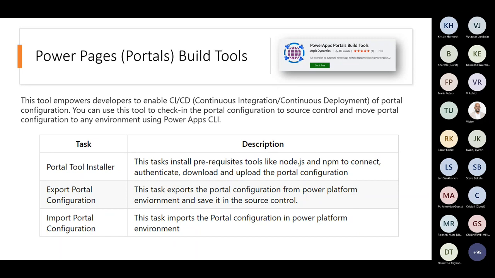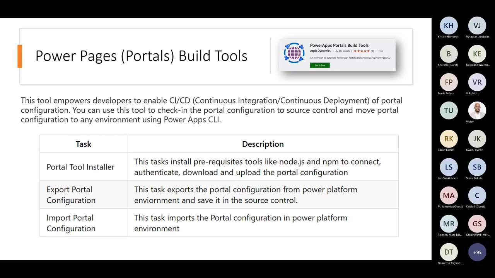Now, why is it necessary? Because sometimes you don't want to deploy the whole configuration every time from source to target instance, especially the site settings or some of the other components. For example, in the morning we demonstrated the Azure AD B2C site settings. Obviously the Azure AD B2C site settings will differ based on the environment.